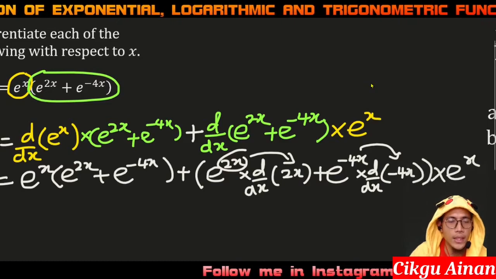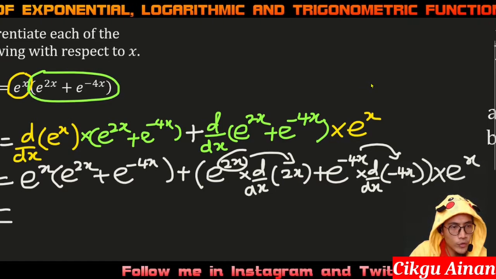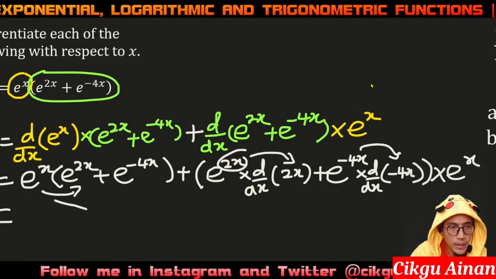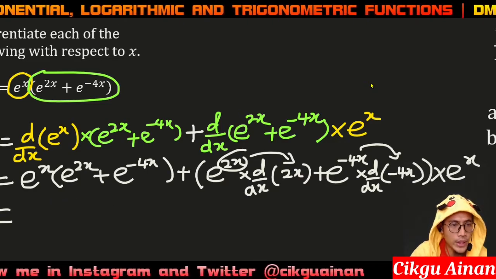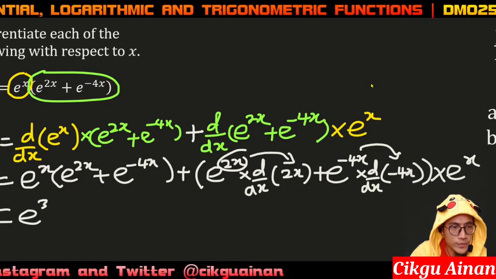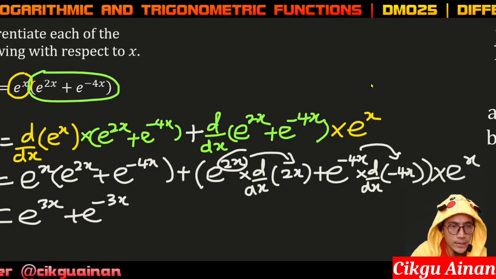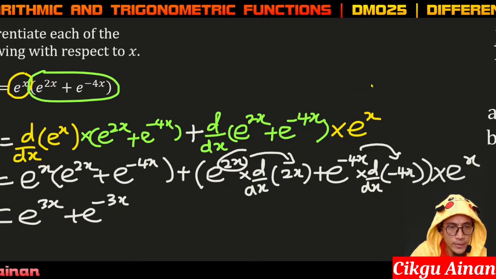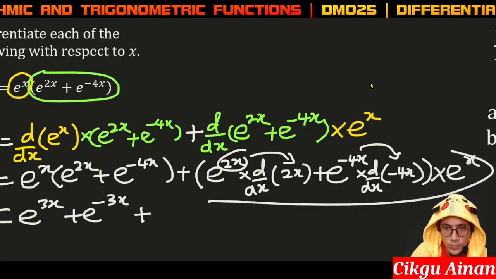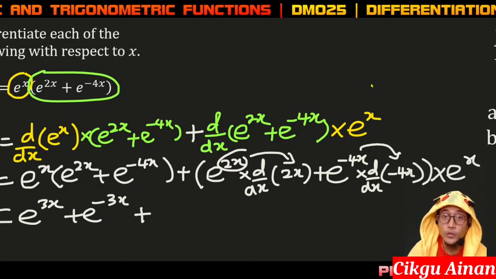Now for this one we can expand them. So e to the power of 3x plus e to the power of minus 3x, and then plus this whole thing, but we have to do it one by one.